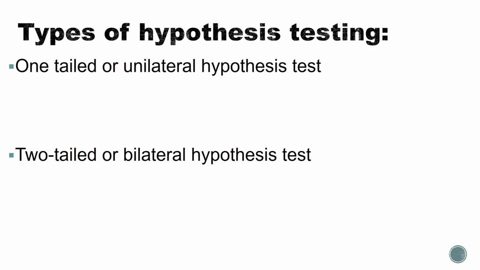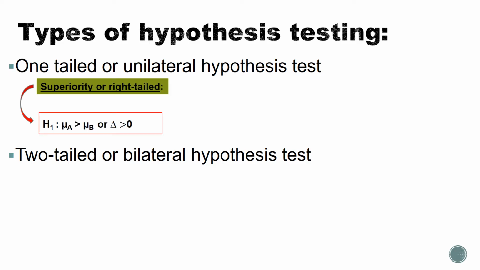For example, be it a t-test or chi-square or whatsoever statistical test, Fisher test or whatsoever, depending on where the critical value of the given calculated statistic will be located. If it's at the right side, then we call it a right-tailed or a superiority test. If it's at the left side, then we call it a left-tailed or an inferiority test.